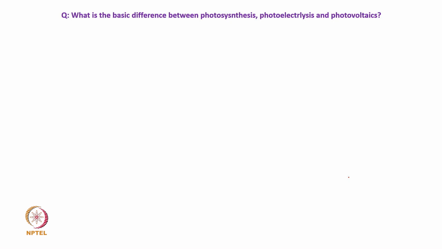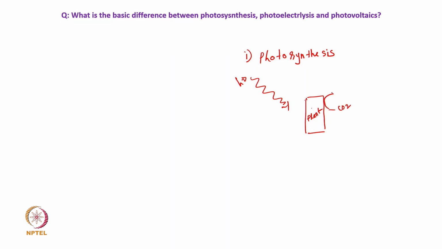So, if I look at the photosynthesis process first, it is actually sunlight falling. So, I can say the photon falling on the plant, and carbon dioxide gets converted to sugar.